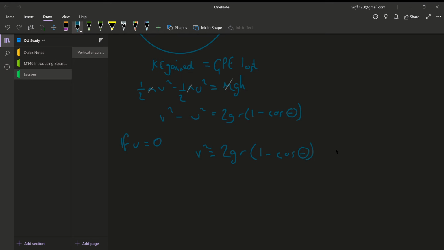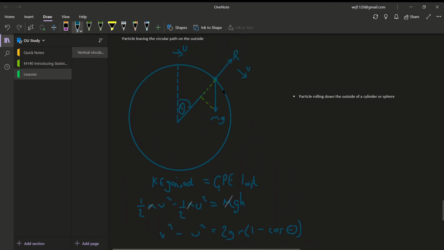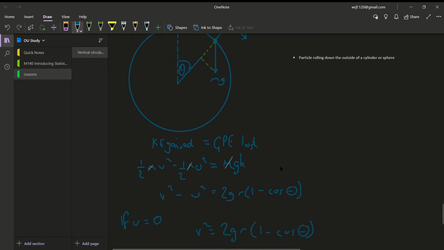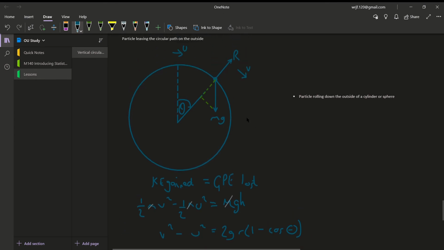It will only take you a moment's thought to realise that what's going to happen in reality is that this particle is going to roll around the outside edge, and at some point it's going to leave that circle and carry on as free motion under gravity, the kind of projectile type of motion. But we need to work out where this is going to happen. Where is this particle going to leave that circular path?